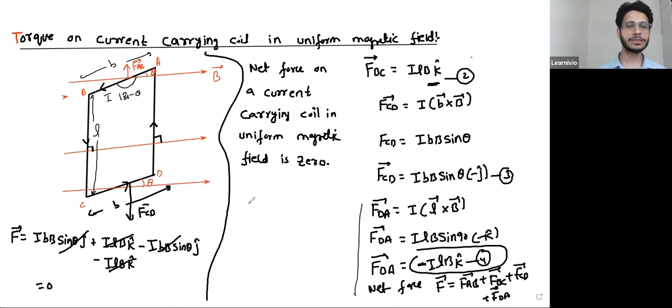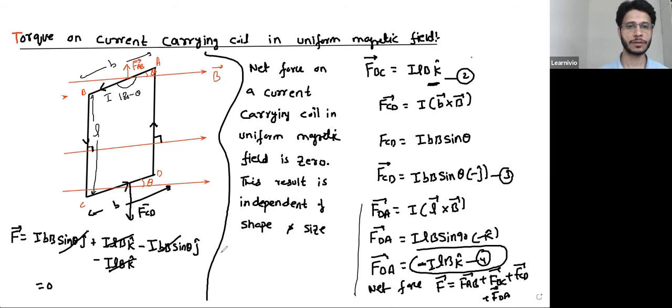This result is independent of the shape and size of the coil. So this is true for coils of all shapes and sizes, that net force is 0.